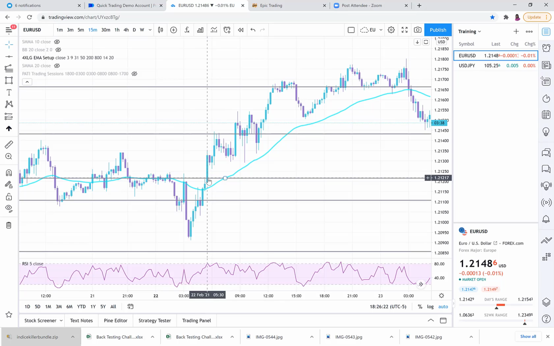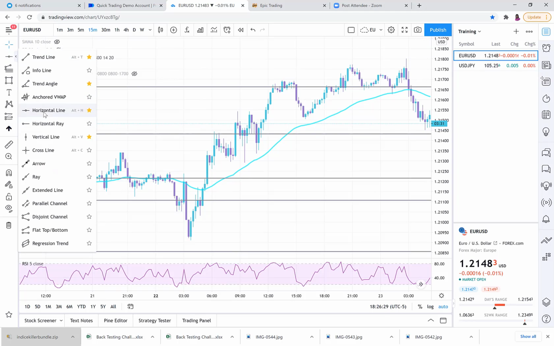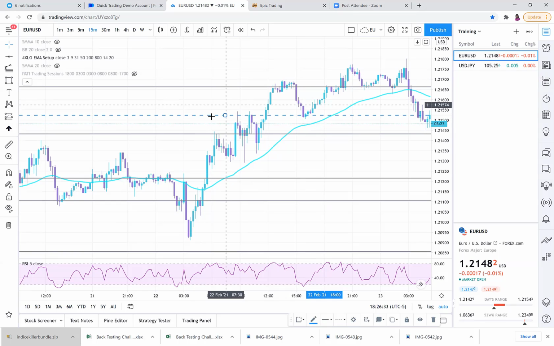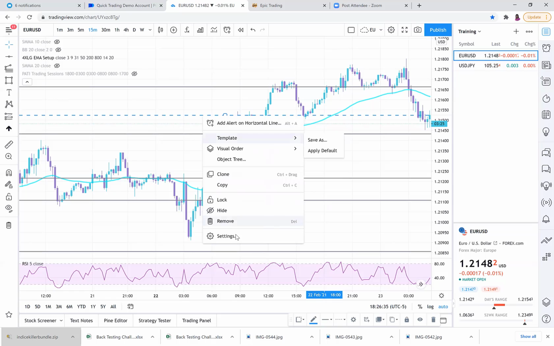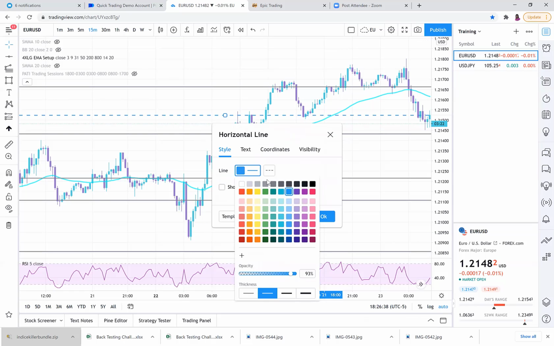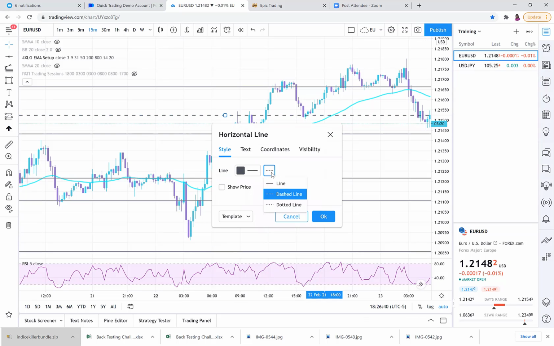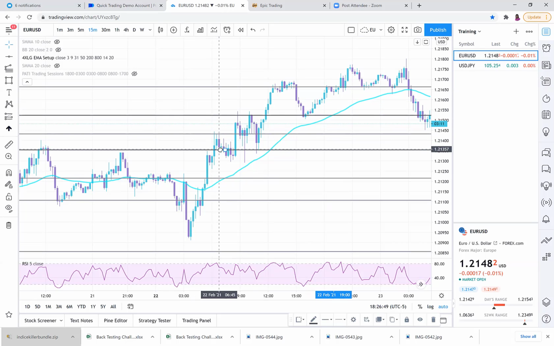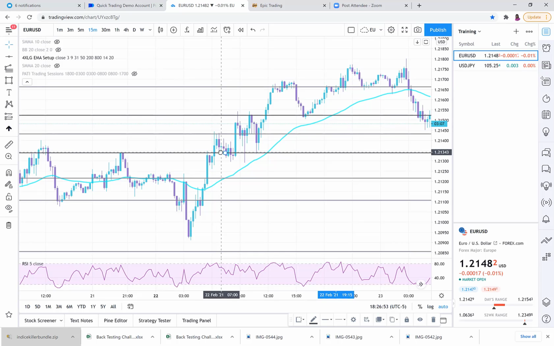Now, if you're trading off the 15-minute, feel free to add additional zones. Sometimes smaller trades feel a little safer. So I'm just going to right click on that, go back to settings. We're going to go back to our black solid line. There we go. So I'm going to do Control C, Control V, and add a few more zones so that from zone to zone isn't so big.